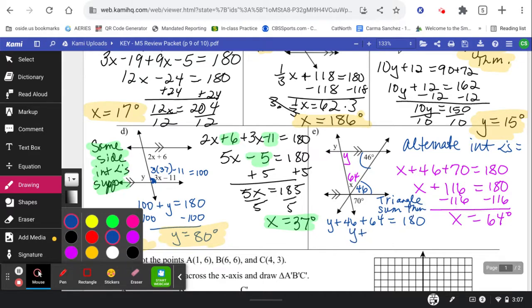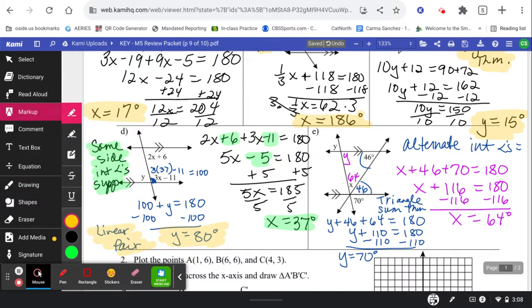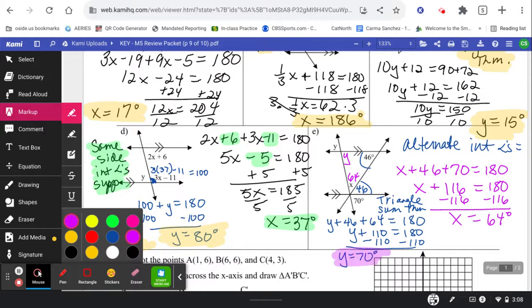So y plus 46 plus 64 is 110. And I'm going to get y is equal to 70 degrees. All right, so I should have had 2 answers here, both x and y. Here's the y answer by triangle sum theorem. And here's the x answer by alternate interior angles are equal.